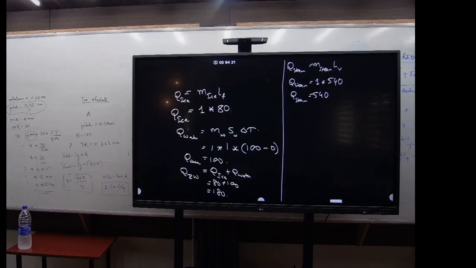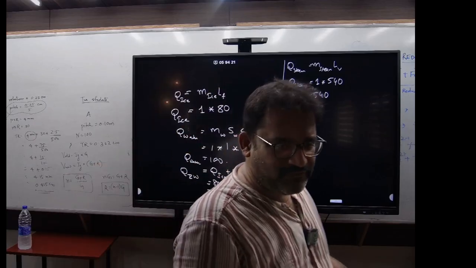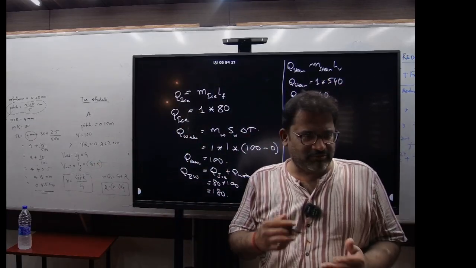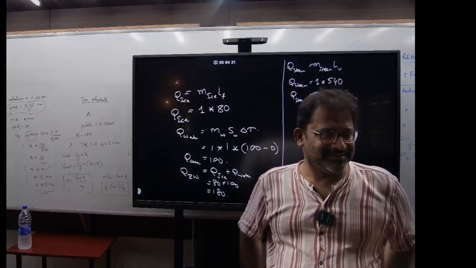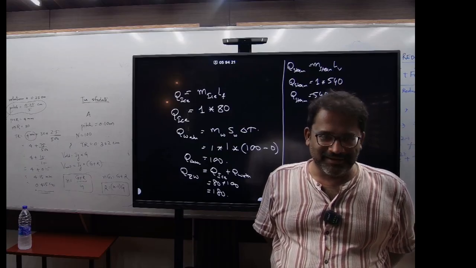Who is having it? On it. Yeah, read the question. Which question? First one question. Very good. Why first one question? You can read first question. And read it properly. Okay? No mistakes.